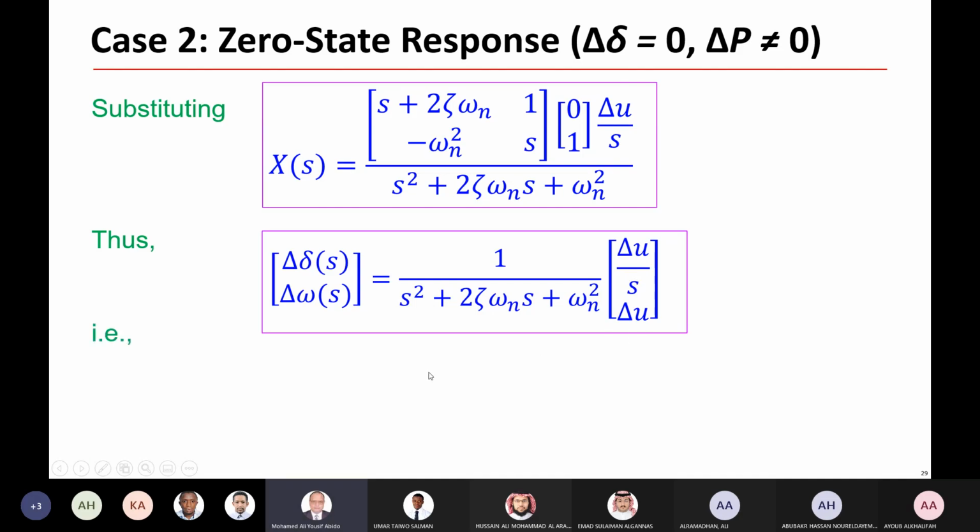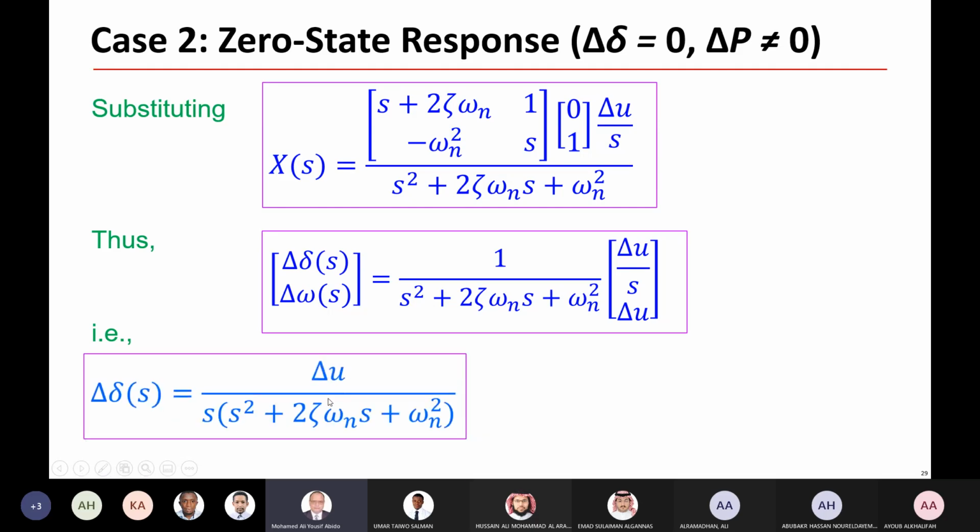So you can of course write delta delta of s equal to this over, and delta omega equal to delta u over this. And you can take inverse Laplace transform to get delta delta of t and delta omega of t. Same approach as we did before.